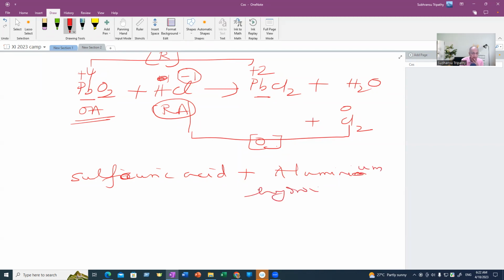Write down the formula and put an arrow mark. Also write down the products. This is an acid-base double displacement neutralization reaction, where the H+ ion from the acid will react with the OH- ion from the base to form water. So write me the equation and then raise your hands.